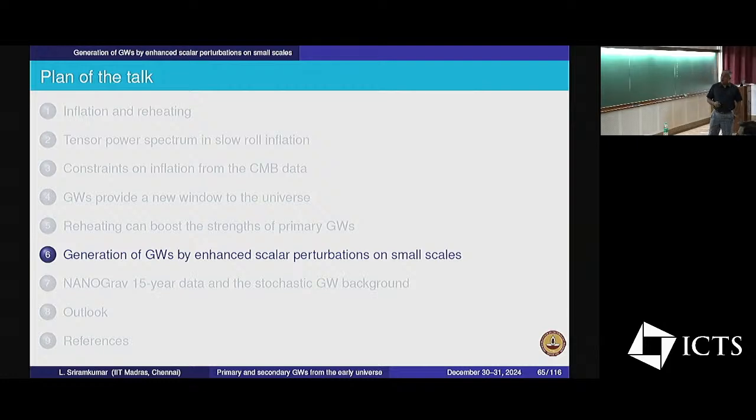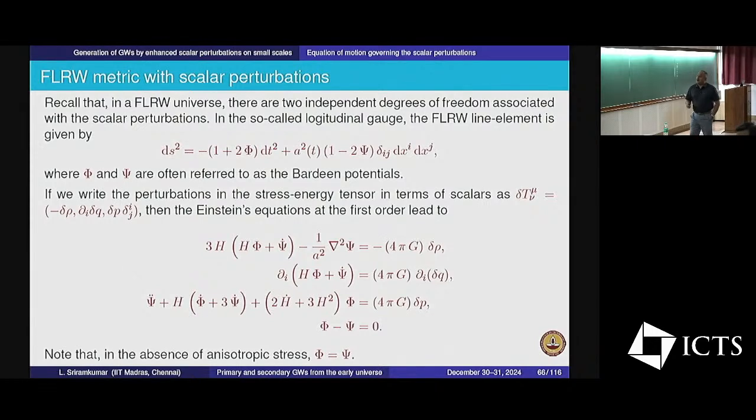And we need to, of course, turn to scalar perturbations. I had already indicated earlier that when you talk about the perturbations in the metric tensor, you can introduce 4 scalar functions, but there are 2 coordinate degrees of freedom that can correspond to scalar. So you are essentially left with 2 independent scalar degrees of freedom.